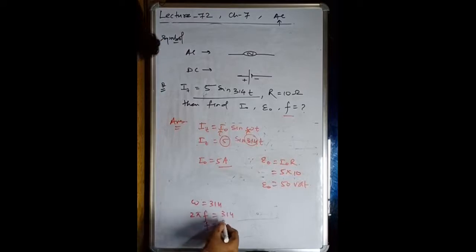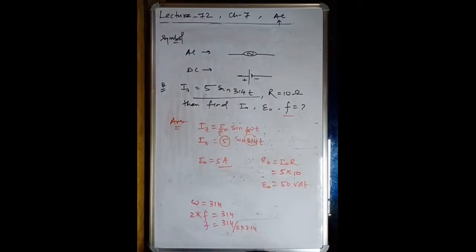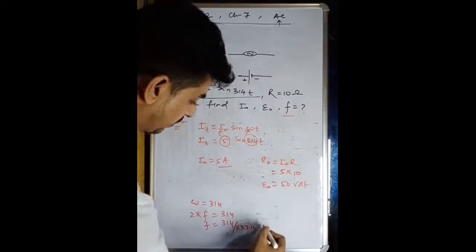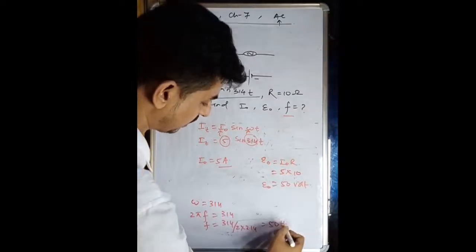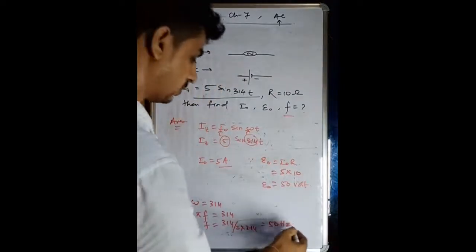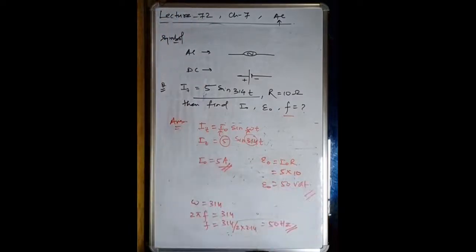F will be 314 divided by 2 pi, with pi as 3.14. It cancels out, 100 divided by 2, it is 50 hertz. So these are our answers. This was a very simple question, my dear students. This type of question you will get in the board examination.